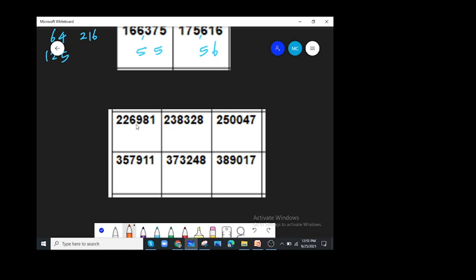What is your answer, sir? 226. Yeah, you are correct. 6. What is your answer? Excellent, excellent. 61 is the answer. Because 226 is close to 216, which is 6 cube. Unit digit is 1, so here also 1. Next one.